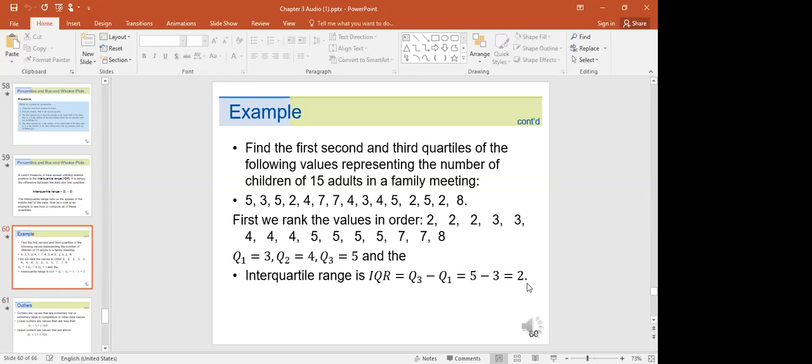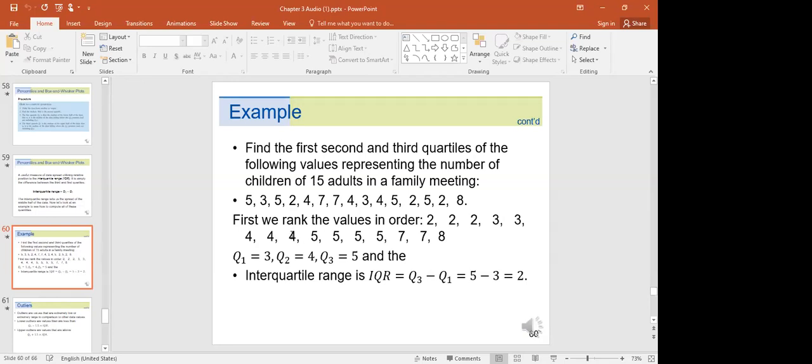We have 15 values here, so to get the rank of the median, you do 15 plus 1, which is 16, over 2, which is 8. The median is the 8th value: 1, 2, 3, 4, 5, 6, 7, 8. So the median is 4.